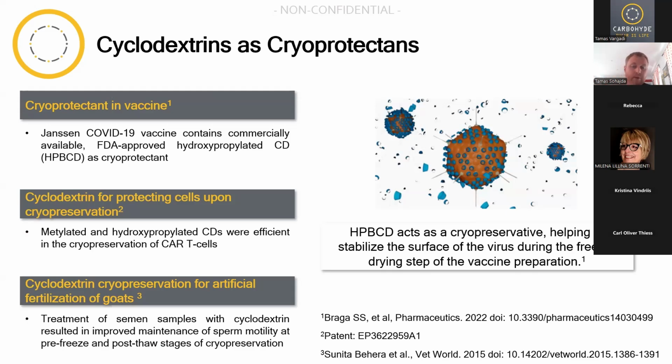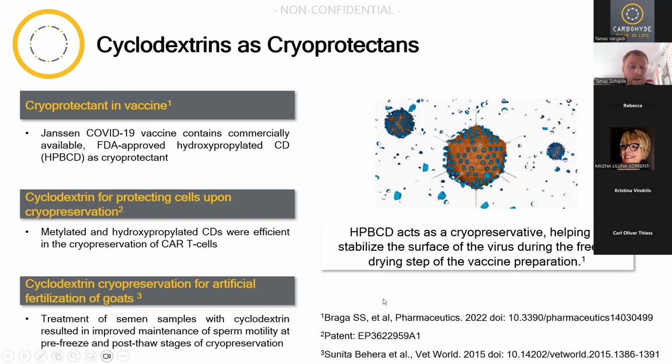This is a bit more information if you want to go deeper into the cryoprotectant application. It's usually not the hydroxypropyl beta cyclodextrin, at least if you look at the literature. Okay, cyclodextrins and cryoprotection.